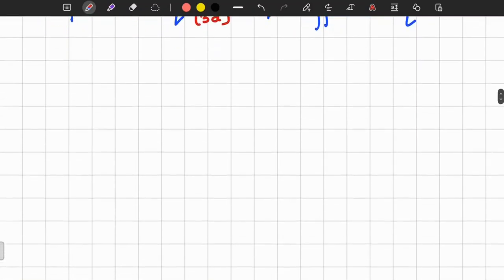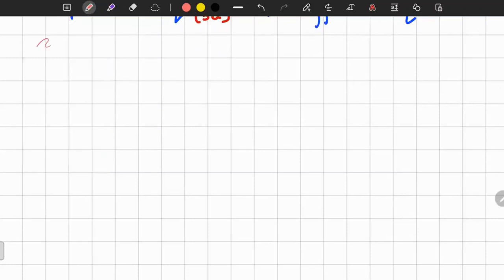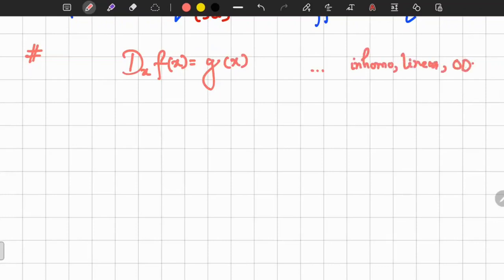Okay, so let me introduce the basic form of the Green function. What is the Green function? Let me take a differential equation. This is basically an inhomogeneous, linear, ordinary differential equation.